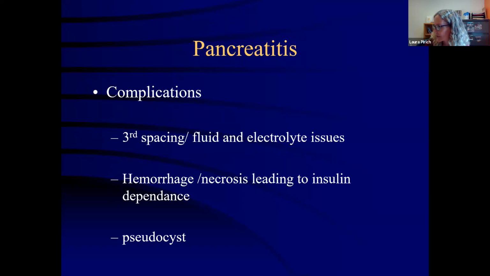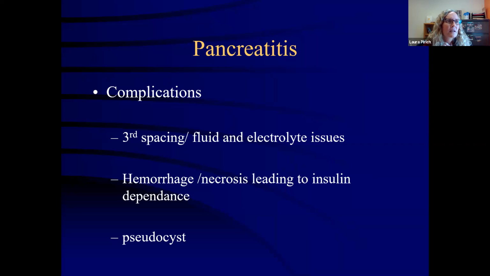Like I said, these patients can be very, very sick. They can have third spacing, fluid and electrolyte issues. You can have hemorrhage in the pancreas and significant necrosis in the pancreas that leads to insulin dependence.